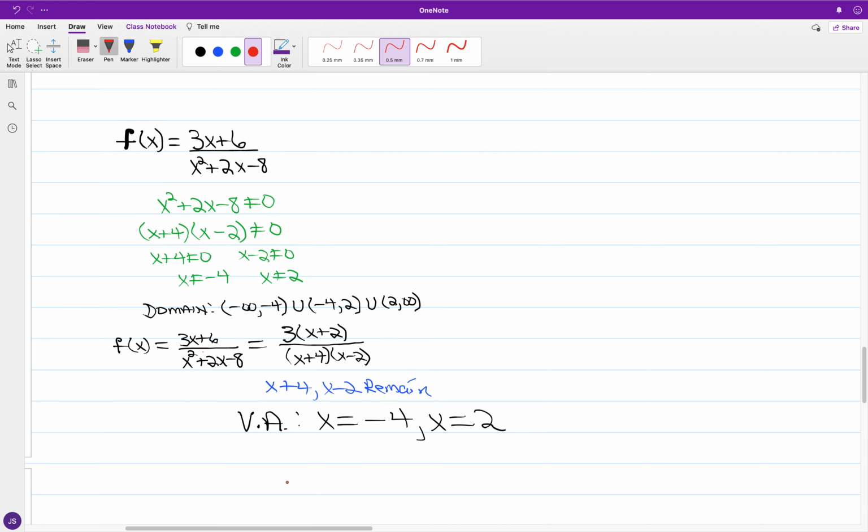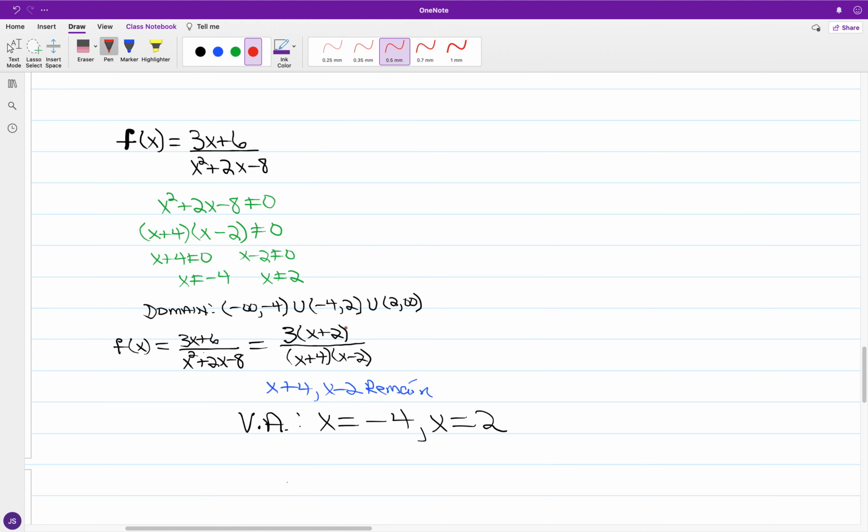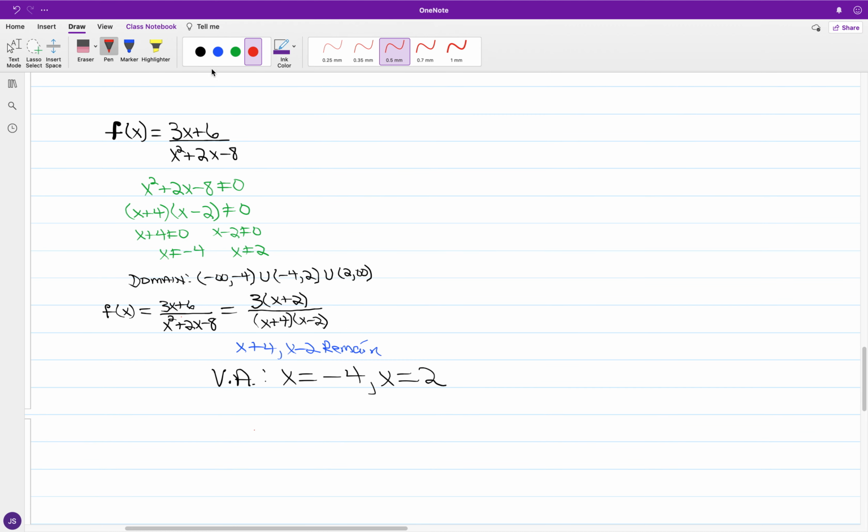So you've got the vertical asymptotes. Now, for any other asymptote, this comes down to degree comparison. For the numerator, read this like 3 times x to the first, so n is equal to 1.